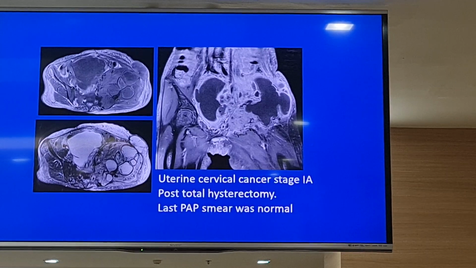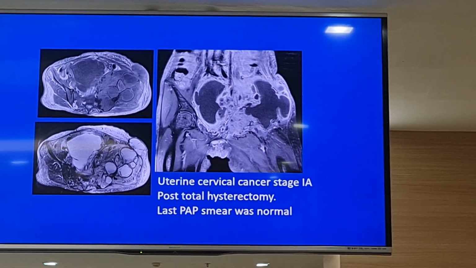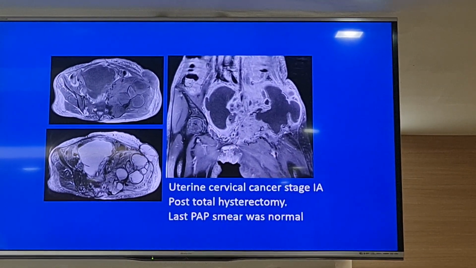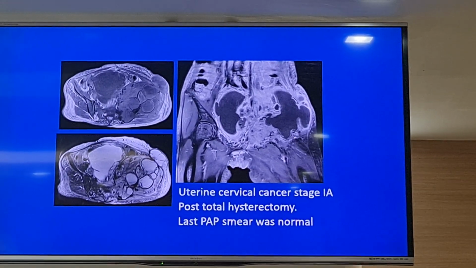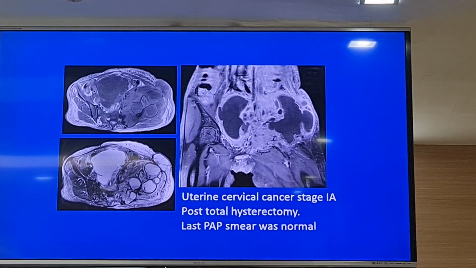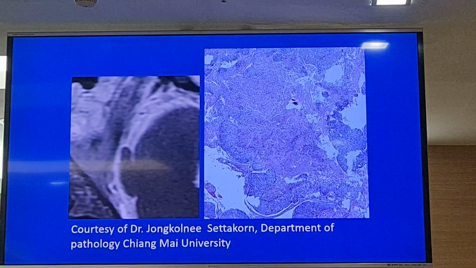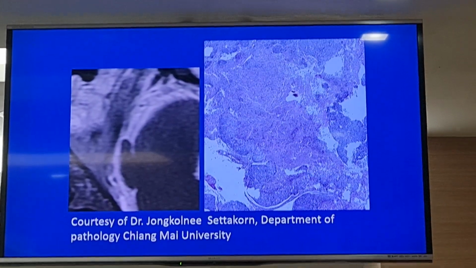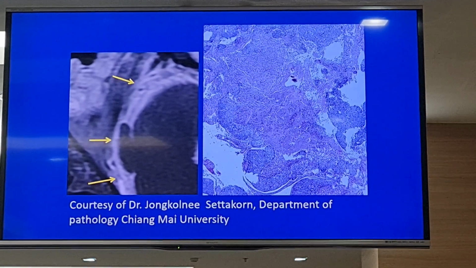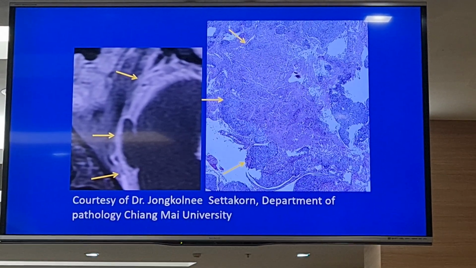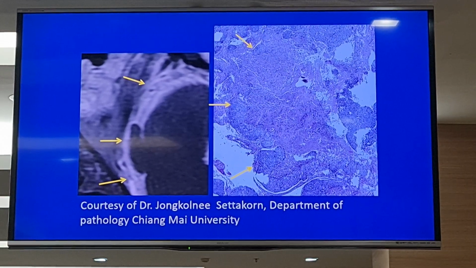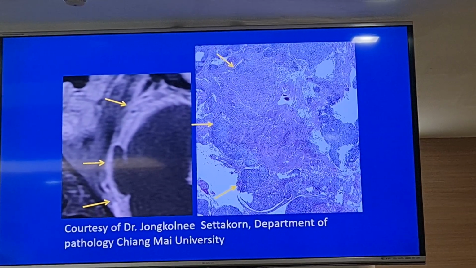When we look at her history, she has uterine cervical cancer, which is mostly a squamous cell carcinoma. And when you look closely at this area and compare it with pathological findings, this area is a viable squamous cell carcinoma.